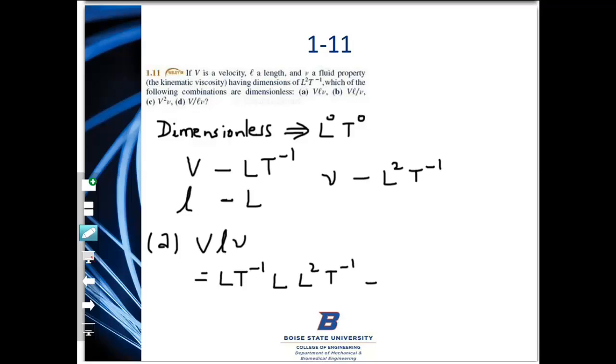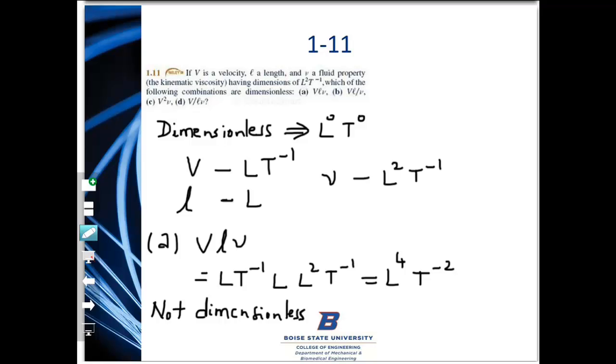If you do the math, you should know the rules of exponents. So it should be L raised to the power 4 t to the negative 2. So you see that it has some dimension. Okay, so our answer is part A is not dimensionless, because it still has L raised to some power and T raised to some power.